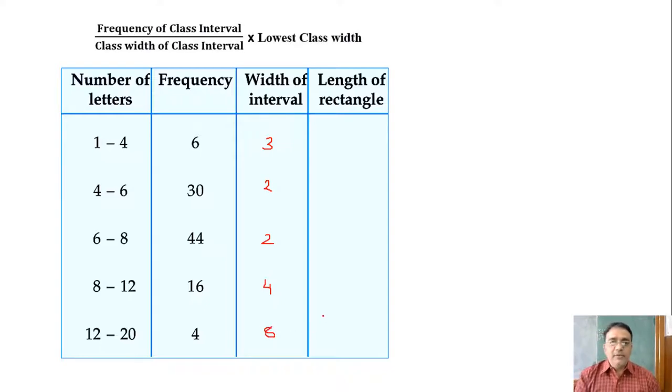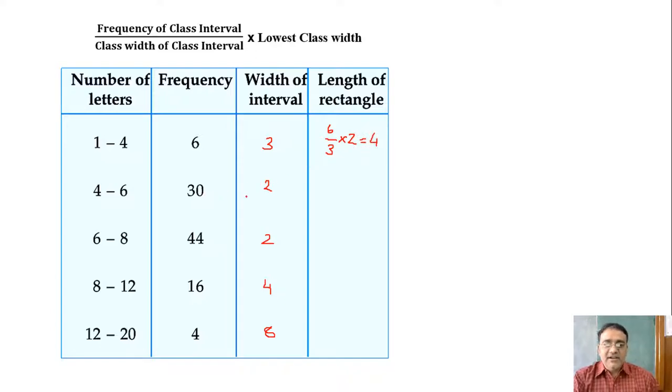And our formula is frequency of class interval upon class width into lowest class width. इसमें lowest कौन सा है? Sir, 2. तो फॉर्मूला क्या होगा? 6 by 3 into 2. So कितना आ रहा है? 4, sir. Right, we are getting 4.